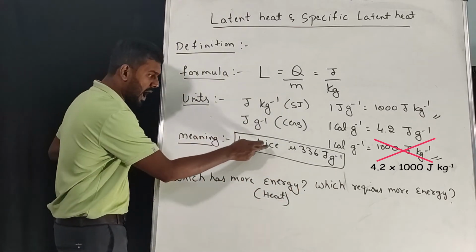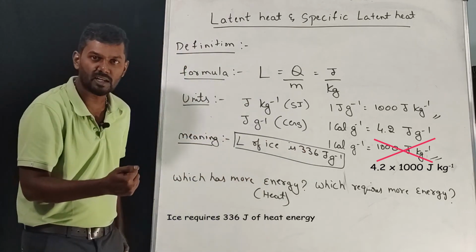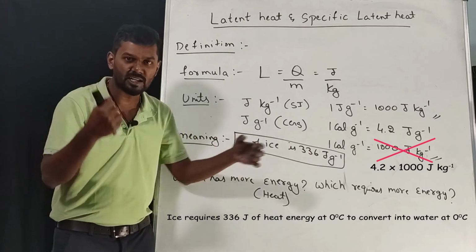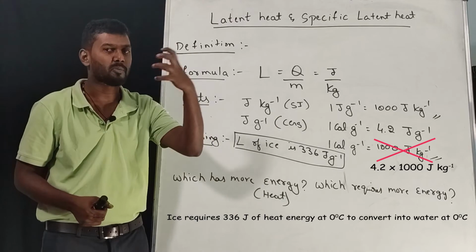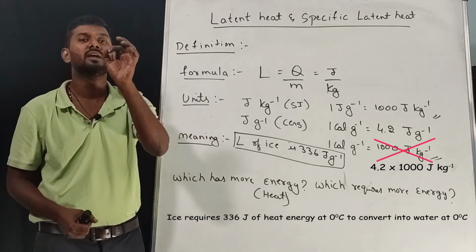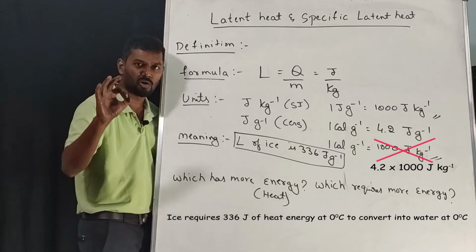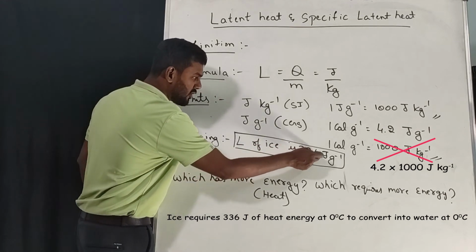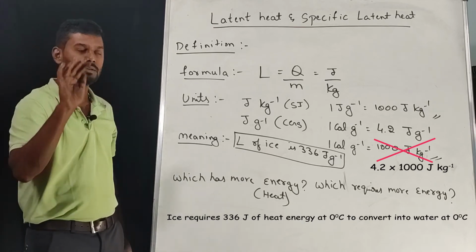Actually, the ice requires 336 joules of heat energy to convert from ice to water at a constant temperature of 0 degree Celsius. So at a constant temperature, that is nothing but 0 degree temperature, the ice requires 336 joules of heat energy to convert into water. That's it.